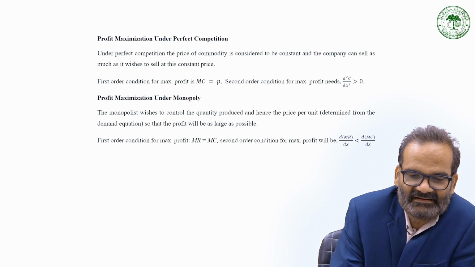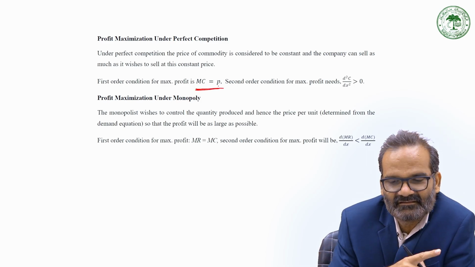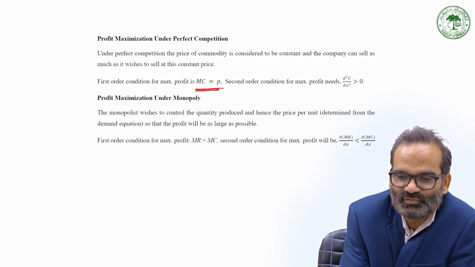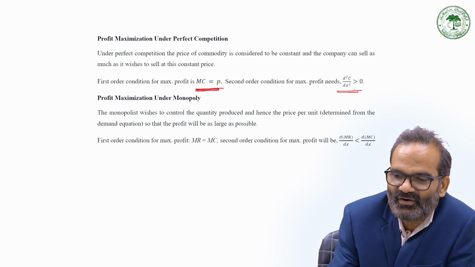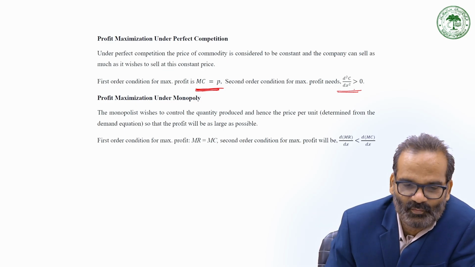So the first order condition for profit maximization is marginal cost is equal to P. Keep this in your mind. Marginal cost is equal to P, and the second order condition is what? d square C over dx square must be positive under perfect competition.